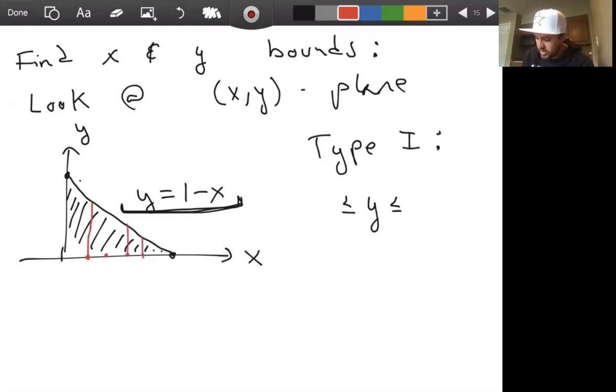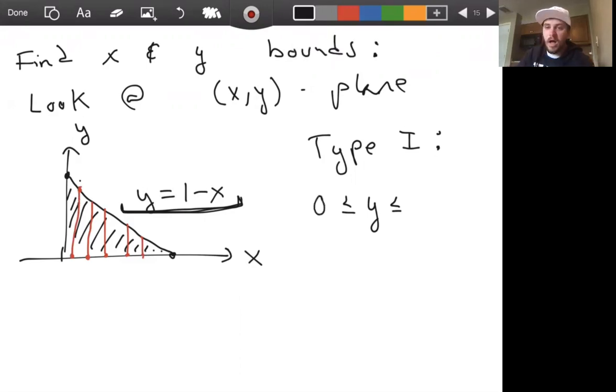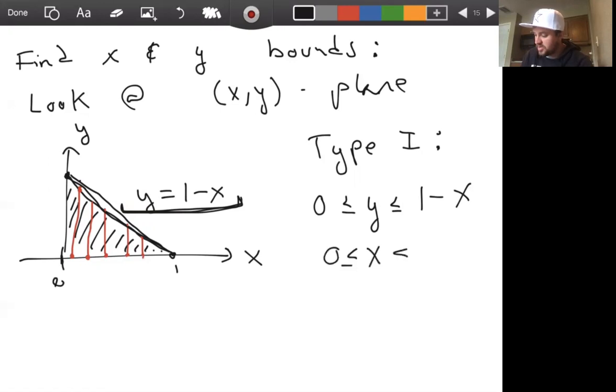So we always start at 0, and where we stop at height depends on this line. And this line is given by 1 minus x. And then when y is 0, x is 1, so that means then our x bounds go from 0 to 1, right?